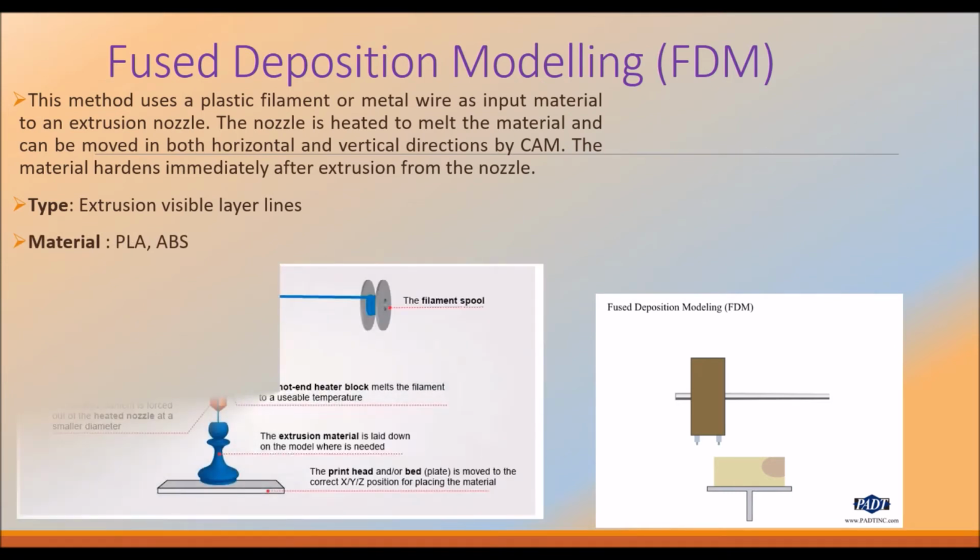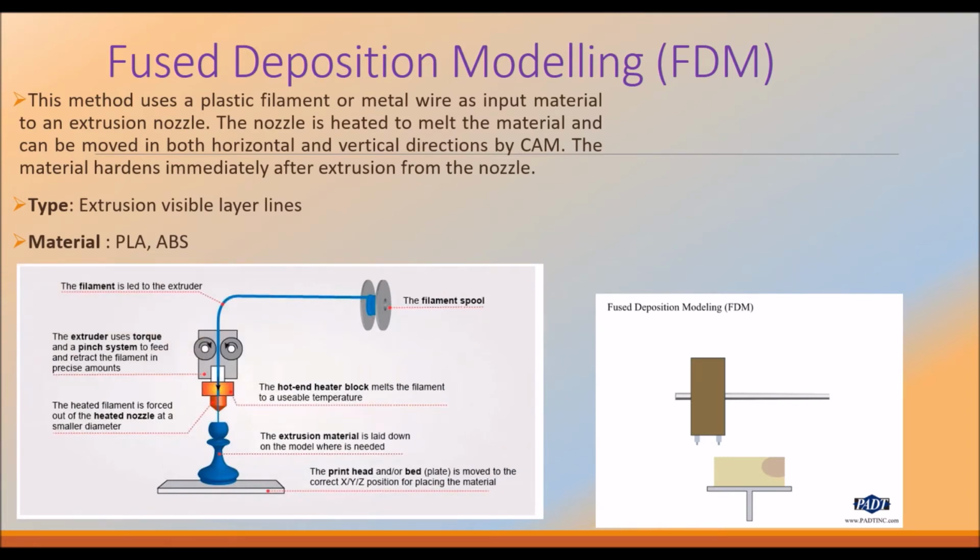This is the diagram regarding FDM. The filament is inserted into the nozzle. From that nozzle you get the 3D printed object layer by layer. The filament is fed into the extruder, and the extruder uses a torque and pinch system to feed and retract the filament in precise amounts. Here there is a hot end heater block.